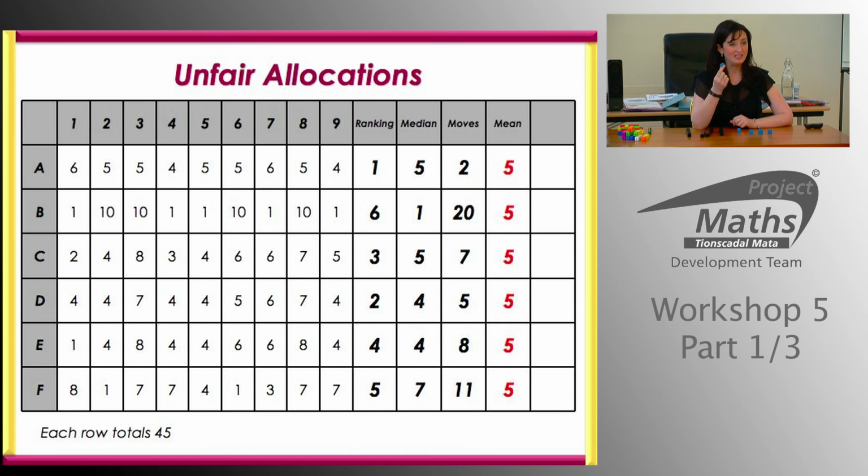Now, that's really interesting as well, because when you have something that's so varied like that, your median may not necessarily be close to your mean. So that's a clue to us anyway. If the mean and the median are very different, we know that we've got an odd type of distribution.